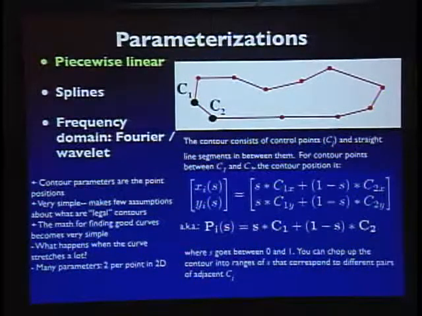There are basically 2 per point in 2D, for each x and y position of the points. And if you wanted to iterate through the entire contour, figuring out one particular spot, you have to think about these S parameters for each possible pairing of adjacent control points.